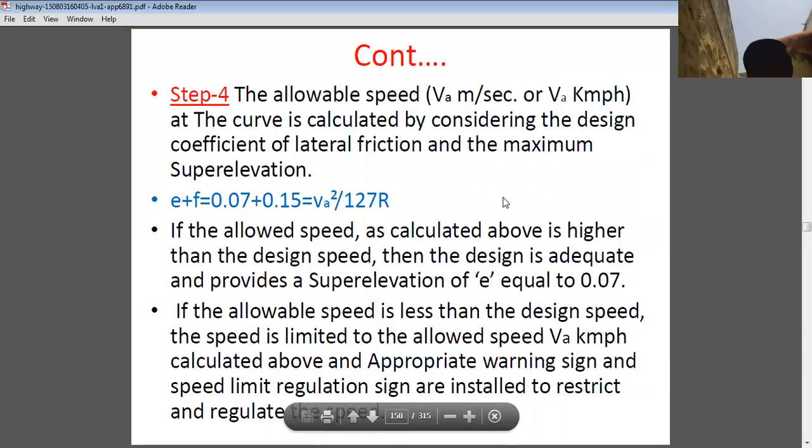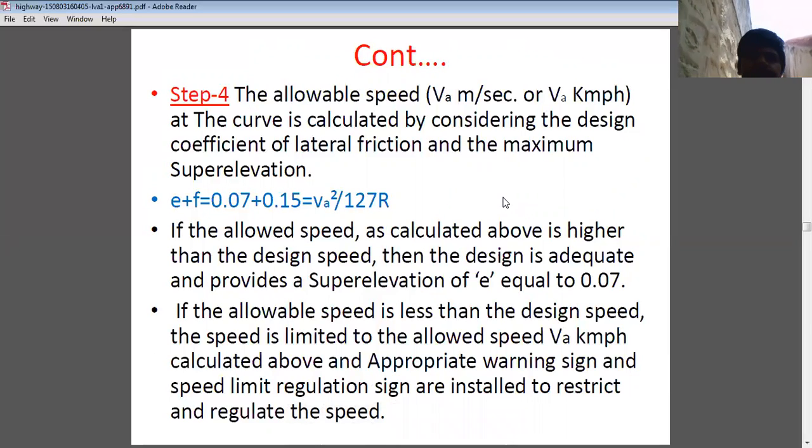In step 4, the allowable speed at the curve is calculated by considering the design coefficient of lateral friction and the maximum super elevation: e plus f equals 0.07 plus 0.15 equals Va squared divided by 127 R. If the allowable speed calculated above is higher than the design speed, then the design is adequate and provide super elevation equal to 0.07.